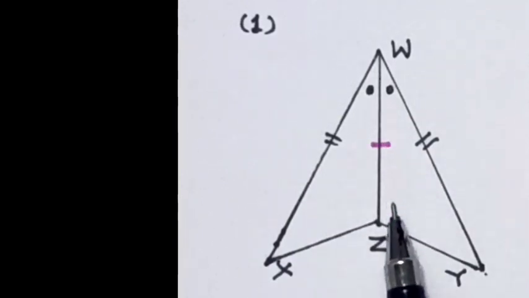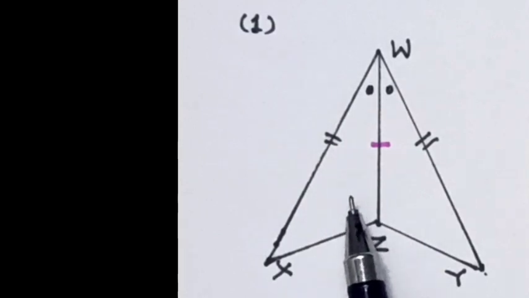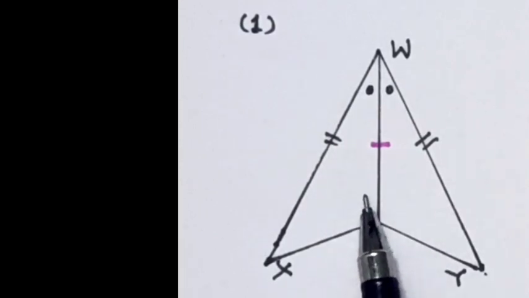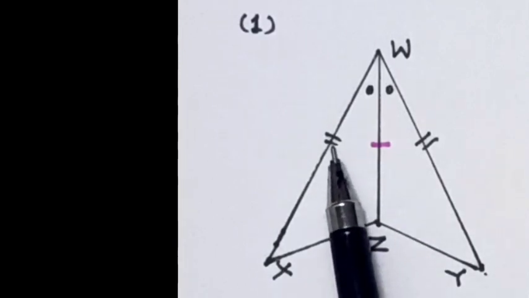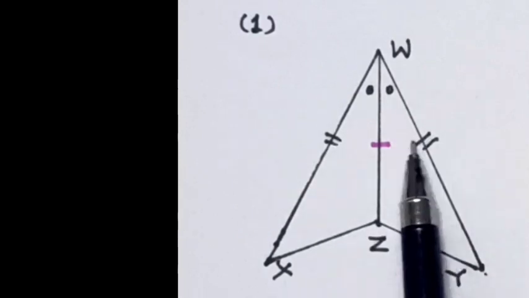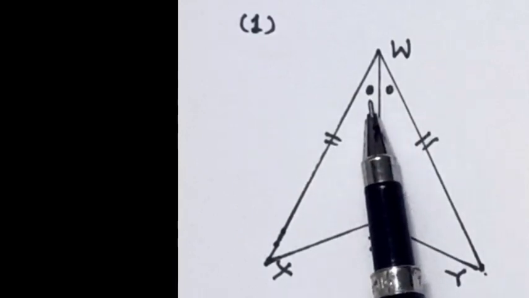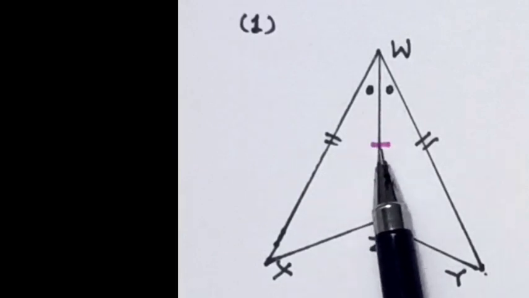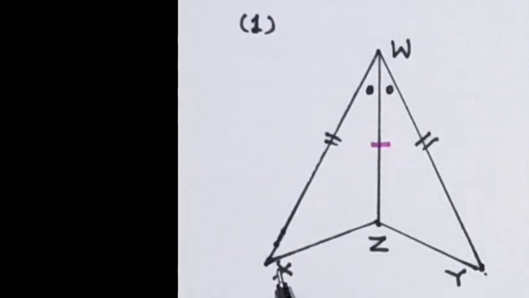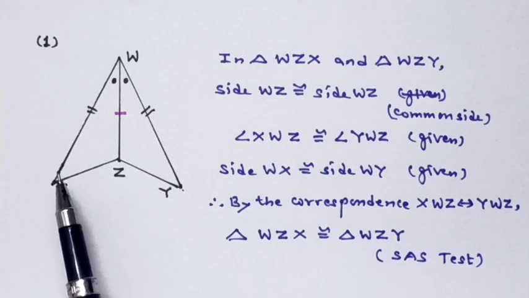Here you see one common side is there. So that common side is congruent to itself, common to this triangle and this triangle also. So look at this: one side congruent to the other, common side, and one angle, and this angle is the included angle. So side, angle, side. Orally you can say you can use the SAS test, but let's write in detail.